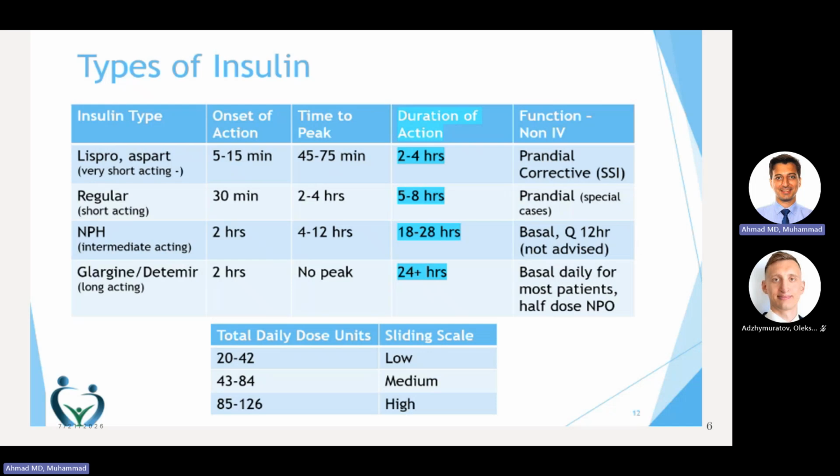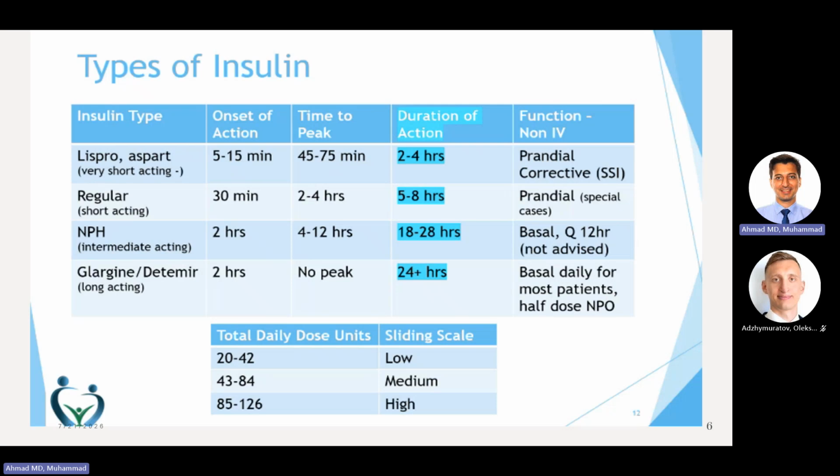Lastly, is this. Kind of in the background, patients that end up having an adverse event to hypoglycemia, I've found a lot of the times they're on the inappropriate sliding scale. So that's not a feeling decision either. Let's just put them on a low sliding scale, let's put them on a medium sliding scale. These numbers are correlating with the total daily dose. That's why it's crucial to know the total daily dose.